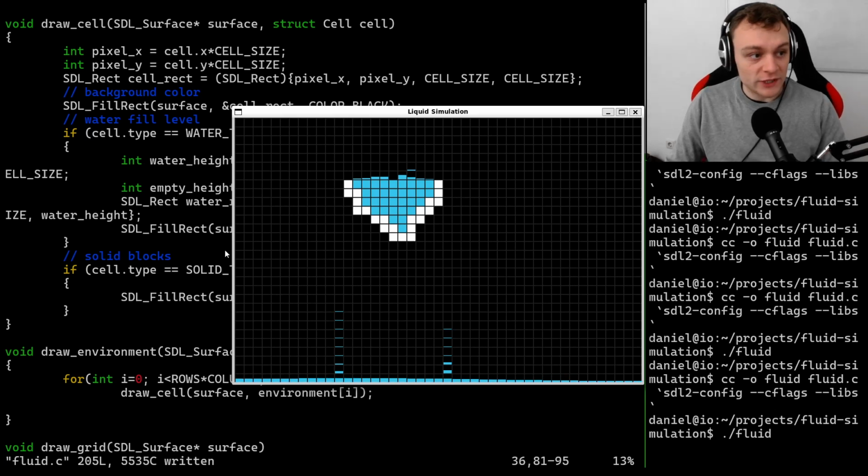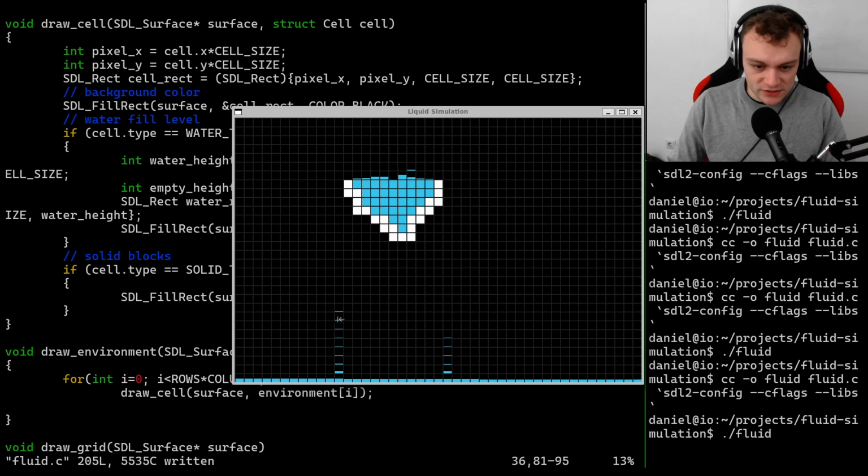And then, right, there's a problem in our simulation rule number 1 that water only drops down if the cell below has a fill level that is smaller than the current cell level. So the destination cell must have less water, and that's why the water stacks up in towers occasionally.